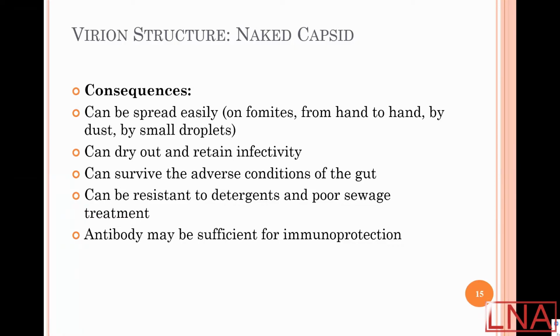That's why they can be spread by vomit, hand-to-hand shaking, dust, small droplets, and the fecal-oral route. They dry out and retain infectivity. It's important for them because if they have to survive in a dry environment, they have to be active anyway.